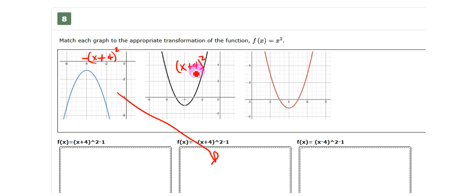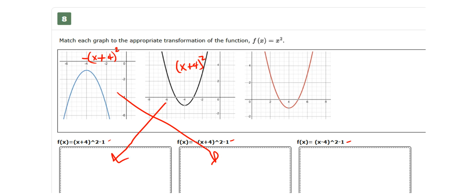The one on the inside moves us the opposite direction of what we think. All of them have been moved down by 1, and that's where the -1 is coming in on each of these. The -1 on the outside moves us down on the y-axis. But the +4 on the inside actually moves us the opposite direction of what we think. So this is x plus 4, so that's going to be that one.